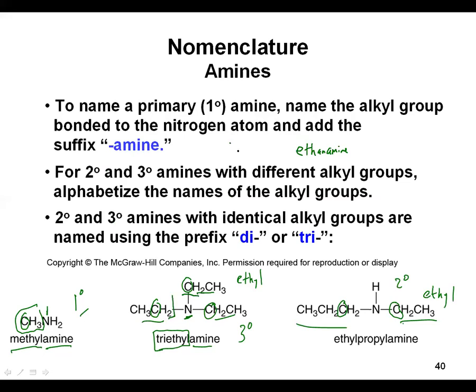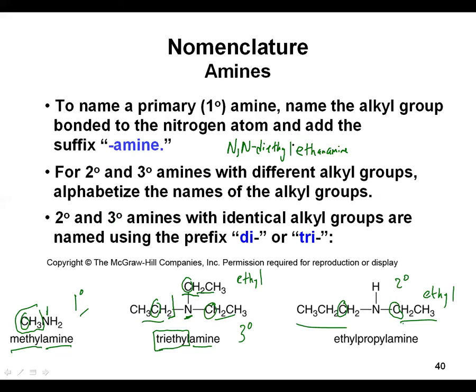And you know how we normally give 2 numbers? Sometimes people will do N to include that they are both attached to the nitrogen: N,N-diethylethaneamine. So you'll sometimes see these nomenclature with amines, and you'll see these N's, and it'll go like N, or it may go N, N, like I did on the other one there.